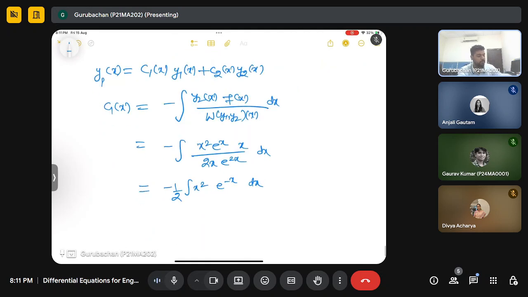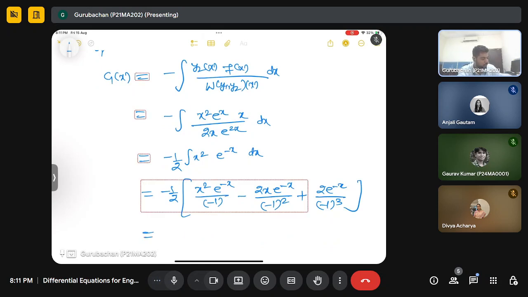So this will give you minus half integral of x square e to the power minus x dx, which by parts is minus x square e to the power minus x divided by minus 1, minus 2x e to the power minus x divided by minus 1 whole square, plus 2 e to the power minus x divided by minus 1 whole cube.